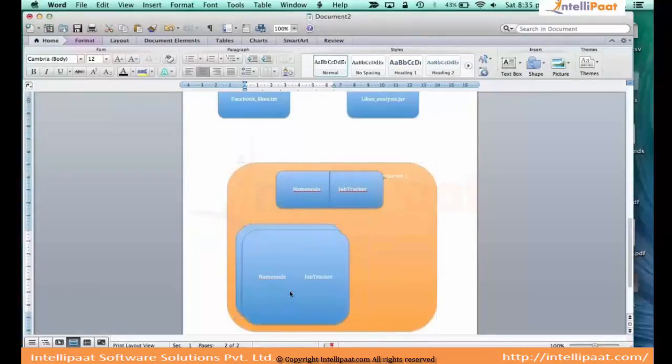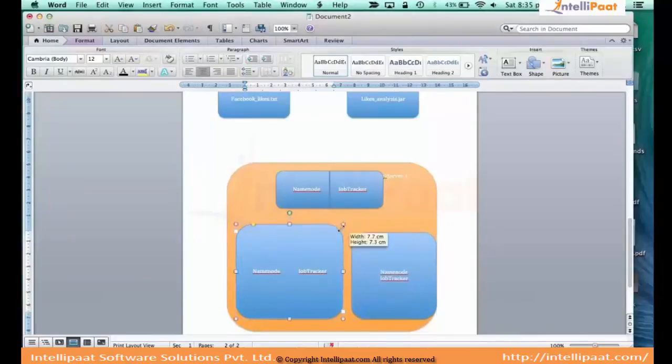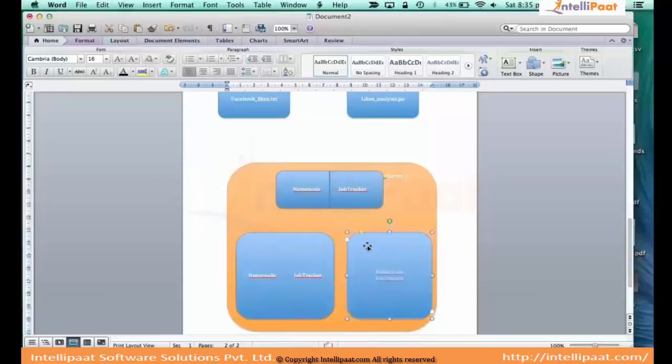So let's say there are two slave nodes. And even slave nodes will have data node, and here it will have task tracker.